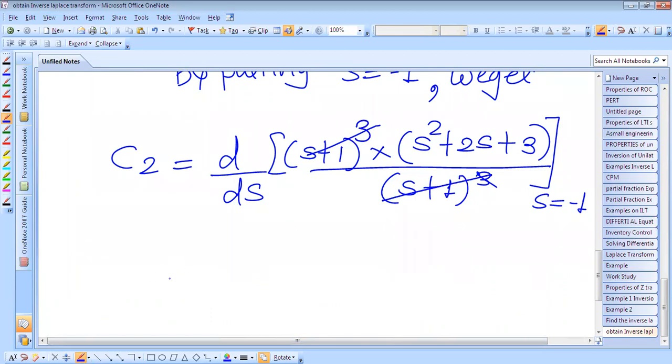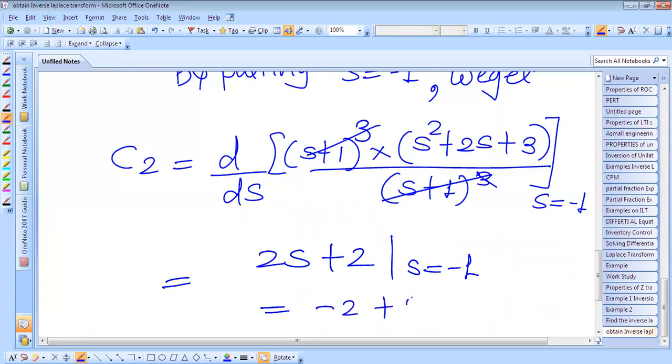What remains is the differentiation of the numerator, 2s plus 2, at s is equal to minus 1: minus 2 plus 2 is equal to 0. Therefore, c2 is equal to 0.